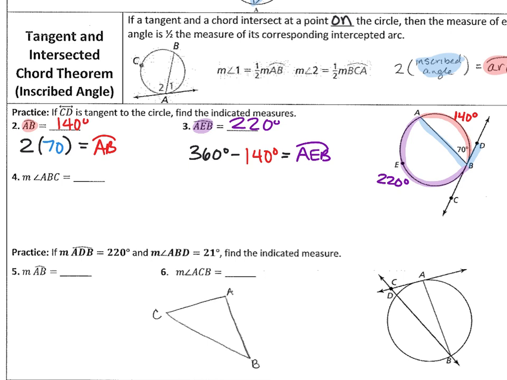Now the last part asks you to find the measure of angle ABC. If I was finding ABC, I'm going from A to B out to C. I'm looking for this intercepted angle, the angle between a chord and a tangent line.